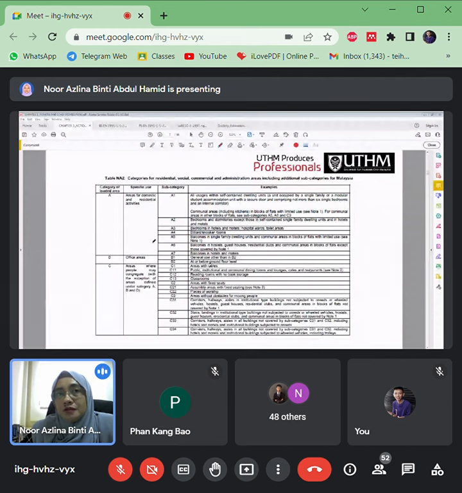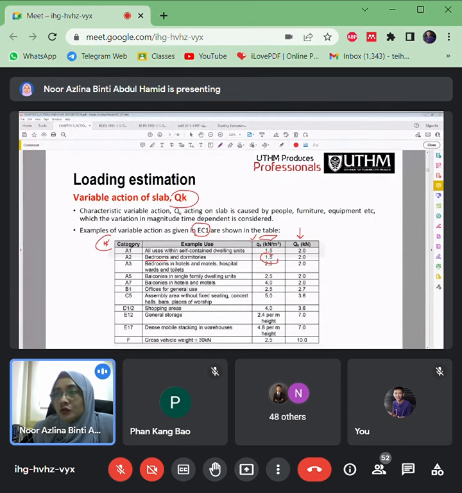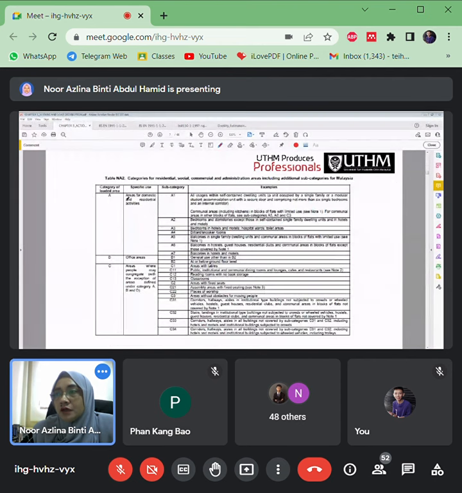Some of the tables relate to other tables. Let's say for this one, A1, A1 actually comes from this A. Actually, a category here have another tables. So from tables to tables you have to refer.